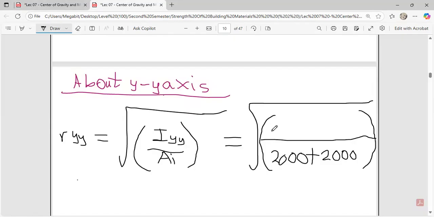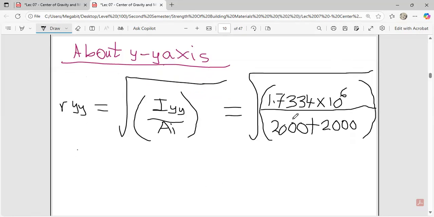And the moment of inertia at y, our answer was 1.7334 times 10 exponent 6.